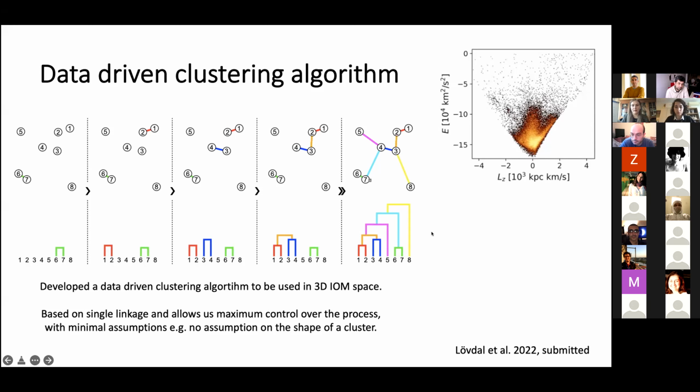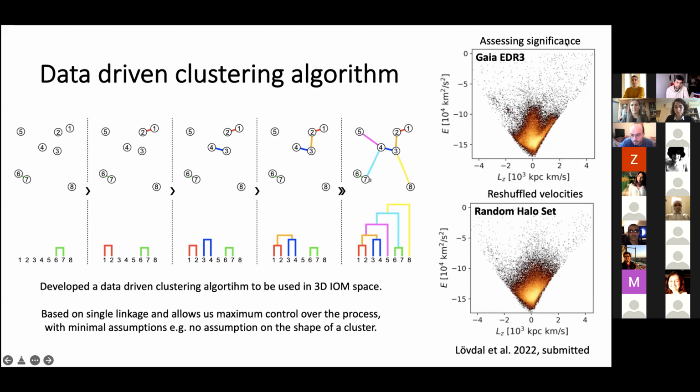So to do that, we used a random halo set. So this is what you see now on the right. You see at the top the Gaia EDR3 halo sample in energy and LZ. And at the bottom, you see one of our random halo sets, which were created by randomly shuffling two components of the velocities so that you get a smooth halo, and it removes these correlations between the velocities and removes the substructure.